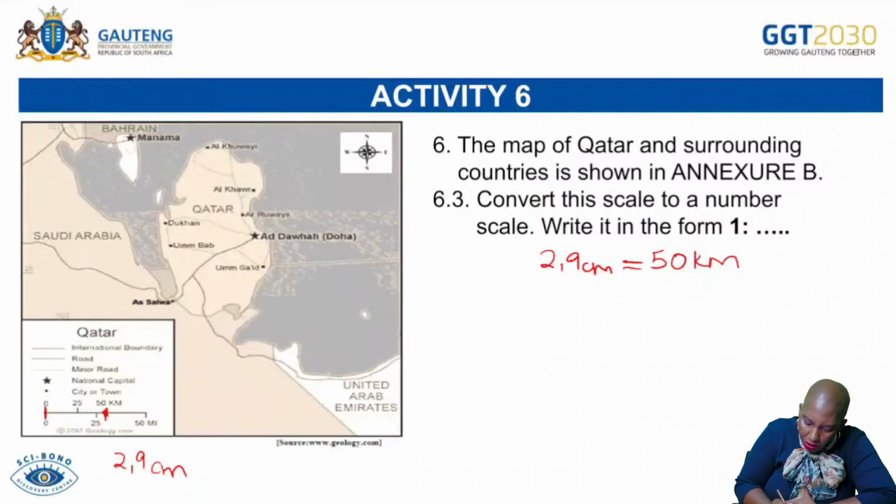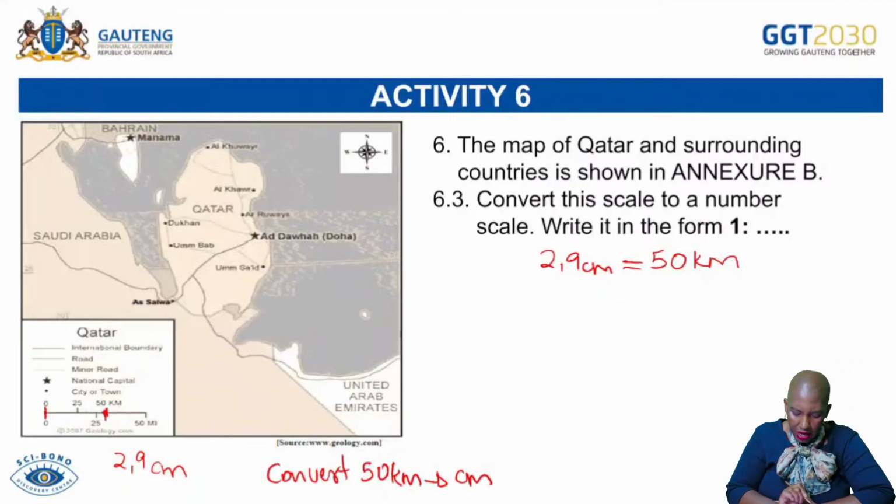And then now let me convert the 50. Now, step number 2, I have to convert. Where can I write it? Can I write here? And then I say convert 50 kilometers to what? To centimeters. What are we going to multiply with?